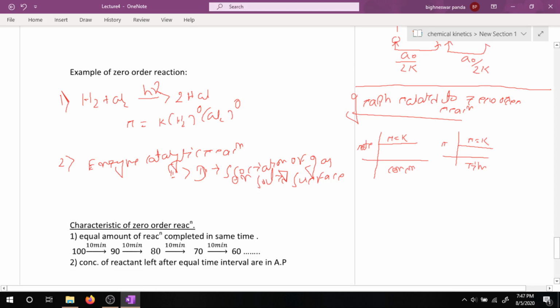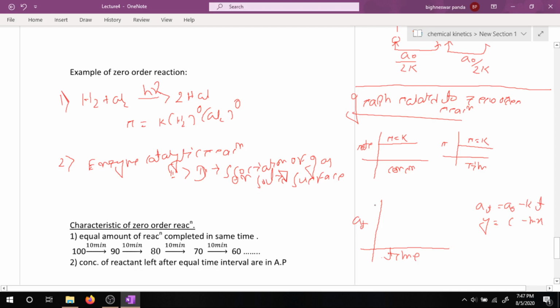Next, what is the graph between At and t? We have At is equal to A naught minus kt. Y is equal to mx plus c.